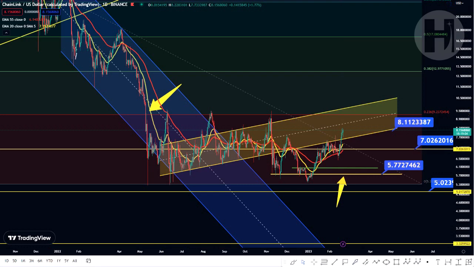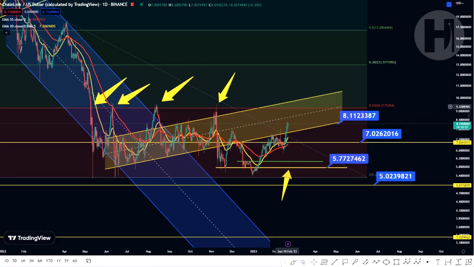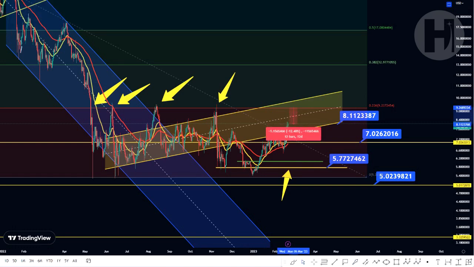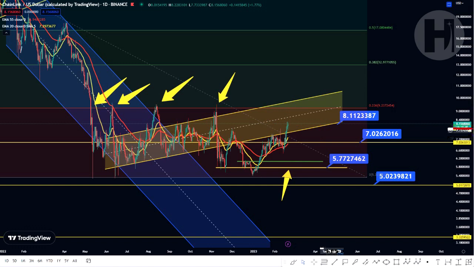Every single time you touched that level, you got rejected back down. So potentially we're going to be looking at a similar thing here where we come back up there and then we potentially see a 15 to 25% pullback down to $7. Maybe that's a possibility. So potentially you could swing trade here around $9.30.